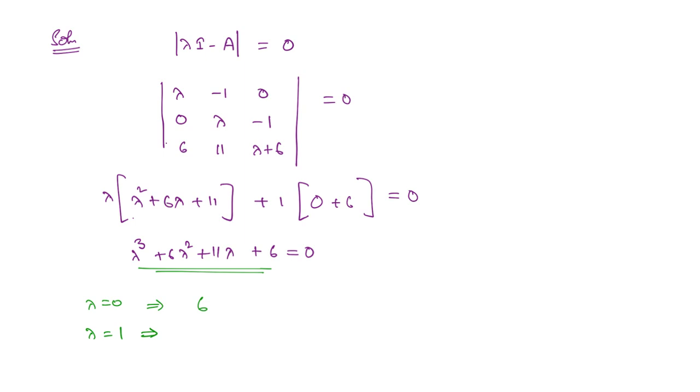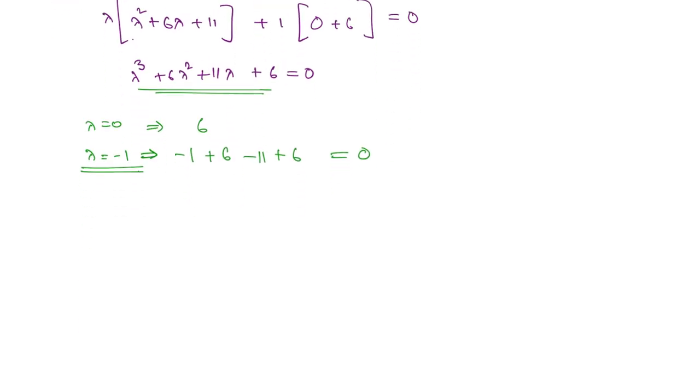So let us take a negative number, lambda is equal to minus 1. Then you are going to get minus 1 plus 6 minus 11 plus 6, which is 0. So lambda is equal to minus 1 is one root. Whenever a cubic equation is given, usually it will be easy to get the first root. Don't have to worry.